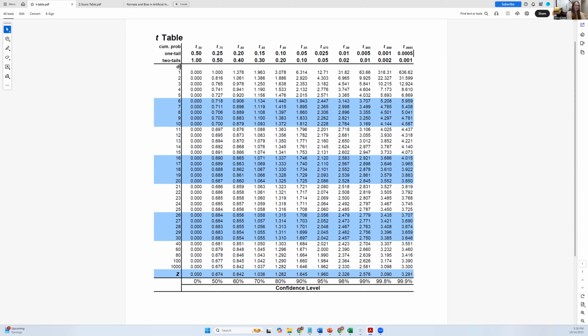The reason why it's one less is very similar to the reason why when you talk about percentiles, if you ace a test, you get 100% on the test, you're still only in the 99th percentile because you cannot score higher than yourself. Degrees of freedom is the number of other observations which you could pair a single observation with.